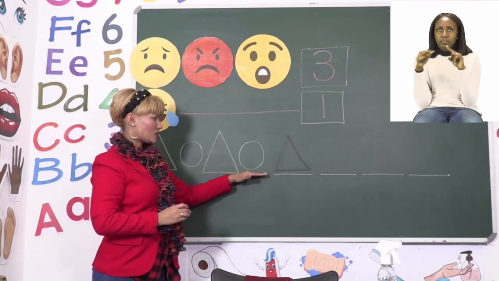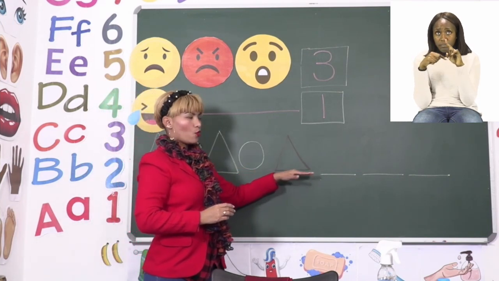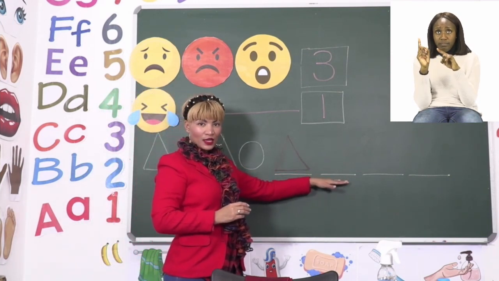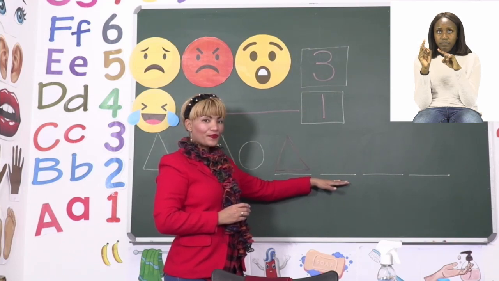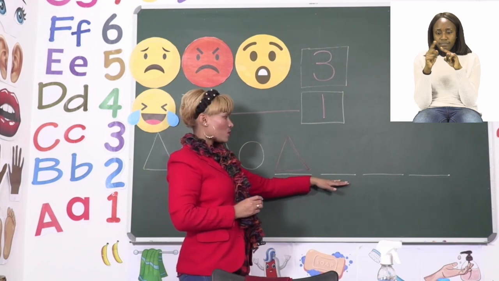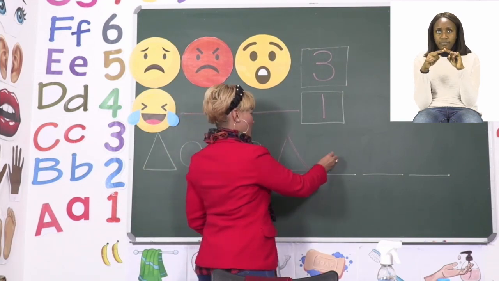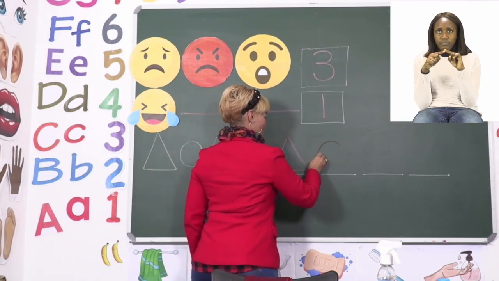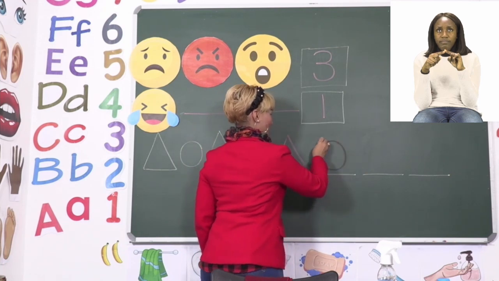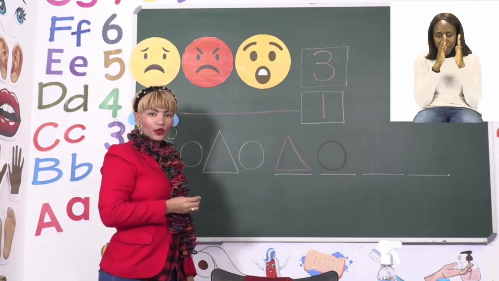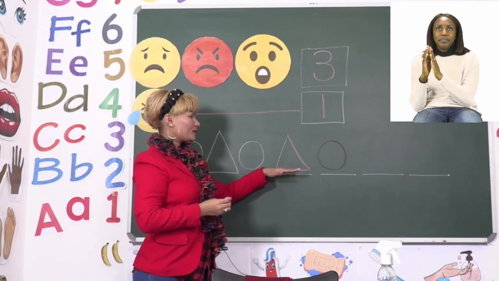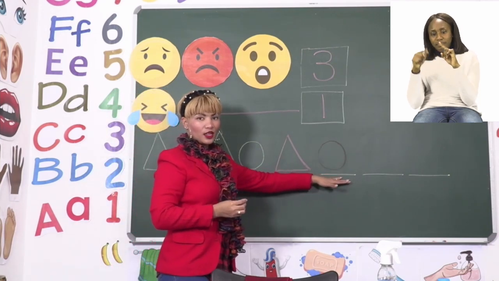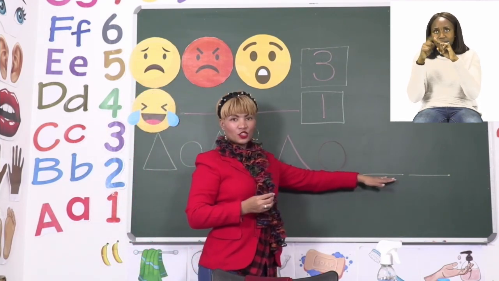Triangle, circle, triangle. What will we do in the next part? What shape do we have to write in here? Good job, everyone. It's a circle. Can you see how the pattern goes? Triangle, circle. And what would the next shape be?